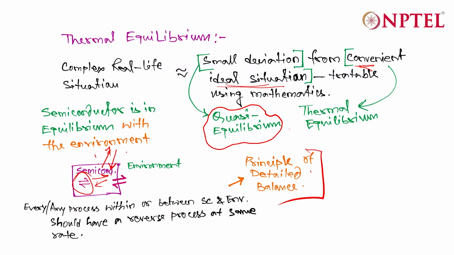And what does that detailed balance mean? Detailed balance means if you look into this process in as detailed a way as possible, there should be a balance. For example, if out of 10 electrons, 5 have energy E1 and 2 have E2 energy, then in the reverse process, 5 should have that energy and 2 should have E2 energy, something like that.